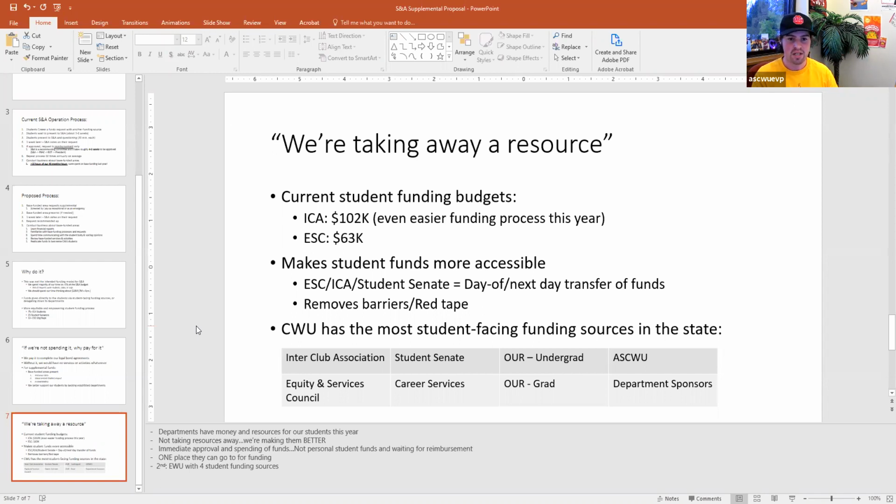And then I also want to say that CWU has the most student-facing funding sources in the state. If we were to empower these, or just reallocate resources to these venues, then the students would be better off versus this old process. Just to list them off, we have ICA, ESC, Student Senate, Career Services, OUR, which is undergrad and grad funding, ASCWU, and department sponsors.